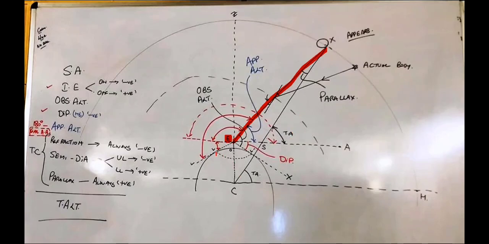The visible horizon is a horizon on the Earth's surface. See this dotted line which you are seeing here, VV dash, this is the visible horizon. So this line shows where the visible horizon is, and the angle between them is what we can measure using a sextant.